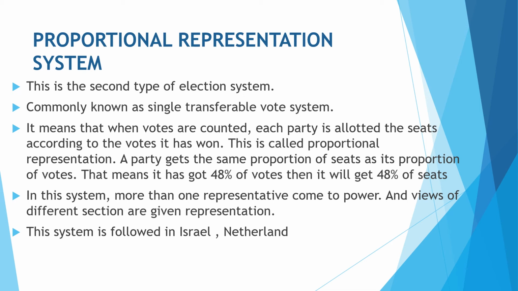Party B got 30%, so 3 seats. And party C got 20%, so it got 2 seats. It means that when votes are counted, each party is allotted seats according to the votes it has won. This is called the proportional representation system. This system is followed in countries like Israel and Netherlands.